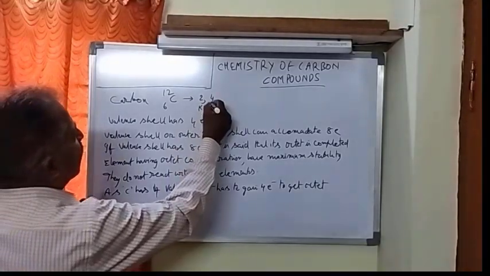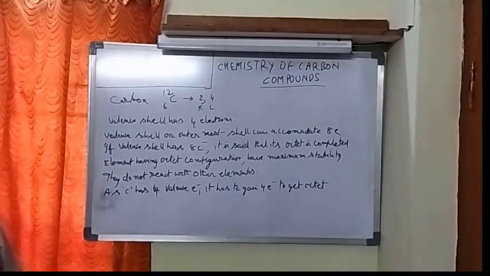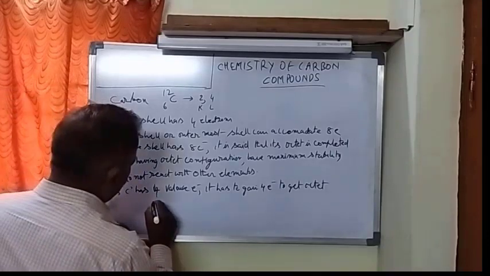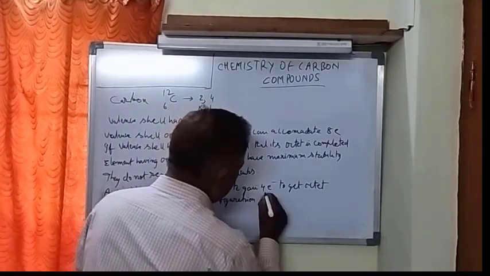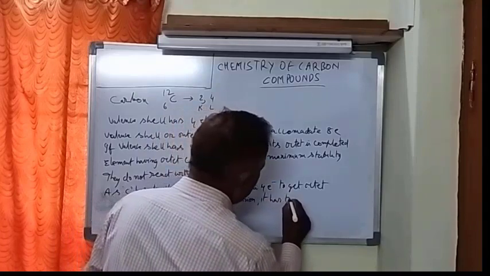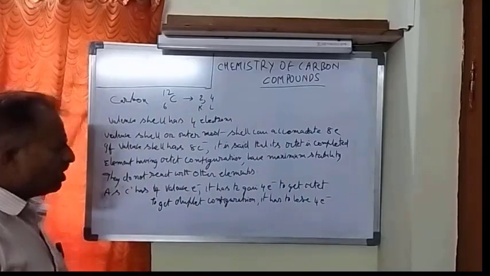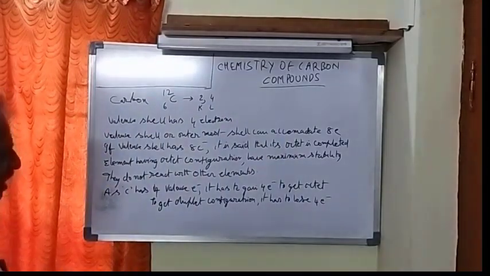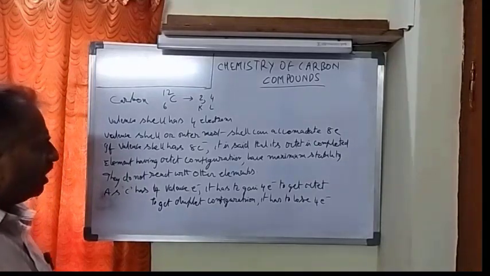If it loses 4 electrons, then it has a duplet configuration. So atoms having duplet configuration also have maximum stability. So to get a duplet configuration, it has to lose 4 electrons. So losing 4 electrons also is very difficult.